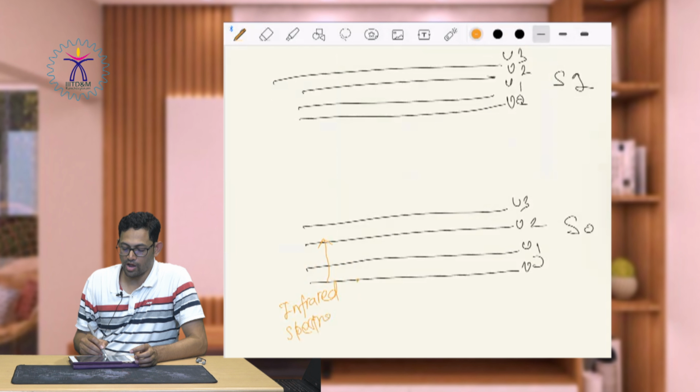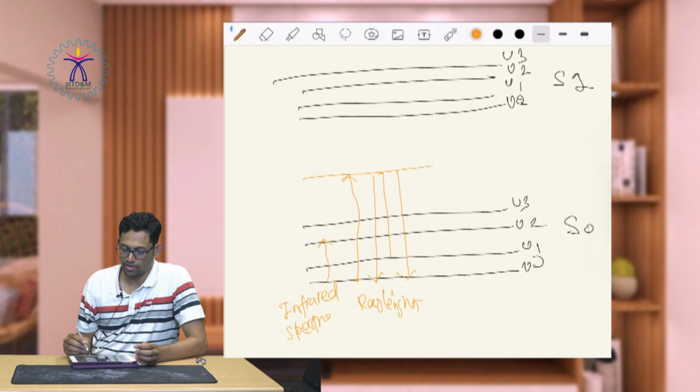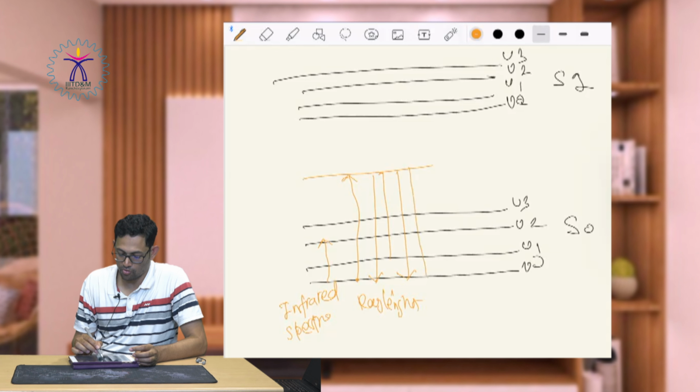Now, if the electron moves from here to a virtual state, and then moves from the top to the bottom at the same energy levels, this is known as Rayleigh scattering. Now, if it goes from a lower state of vibrational energy levels and then moves back with a bigger jump, like this, that is one variant, and another variant is this one, where you jump with lower energy.